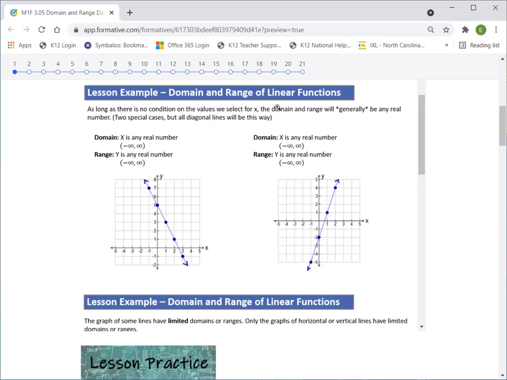So all linear functions, you're always going to have all real numbers because they go left and right forever and up and down forever, because they're a diagonal. So for all linear functions, you're going to have this same domain and range, except if you have a horizontal line. That'd be the only thing that's different.